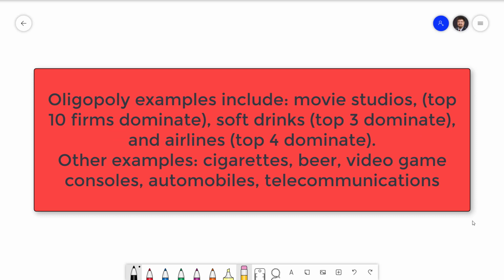The top 10 movie studios control over 90% of the market. Soft drinks, where the market is dominated by the three largest firms, Coca-Cola, Pepsi, and Dr Pepper Snapple, with some other firms operating on the fringes. And airlines, where concentration varies by route. Some are near monopolies and others are more competitive, but the four major airlines dominate the market in the United States.